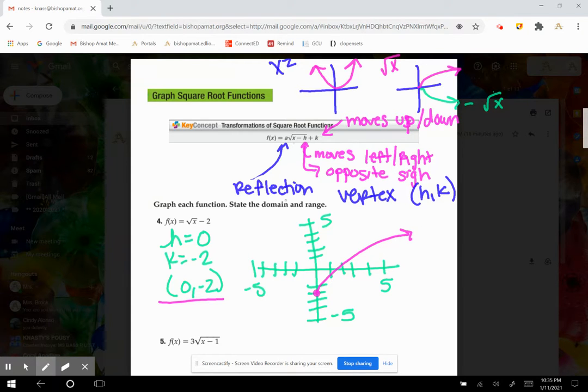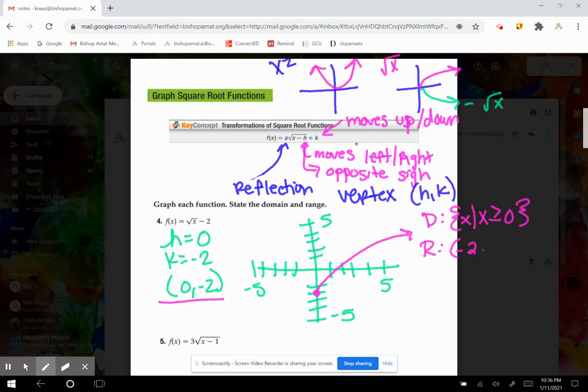But our domain, remember, your domain is what's underneath the radical. Well, that's just x. So x such that x is greater than or equal to 0. Your range, remember, you move from bottom to top. So there's nothing going on down here at the bottom for the range until you get to negative 2.